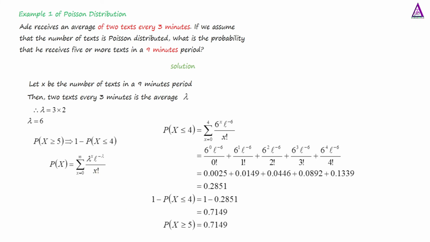So we calculate for x equal to 0, 1, 2, 3 and 4. When we calculate everything, we have 0.2851, and the probability that he receives 5 or more is 1 minus the probability that x is less than or equal to 4.